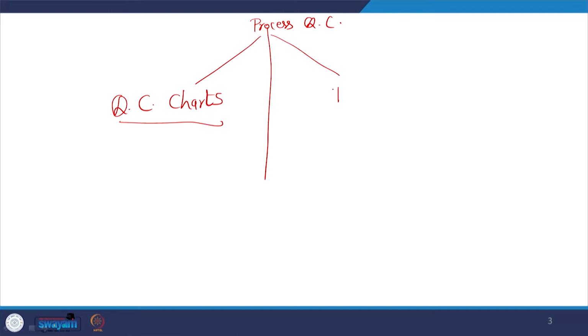For that purpose we apply the run test, because sometimes with the naked eye we may not be able to understand whether a trend is there or not.